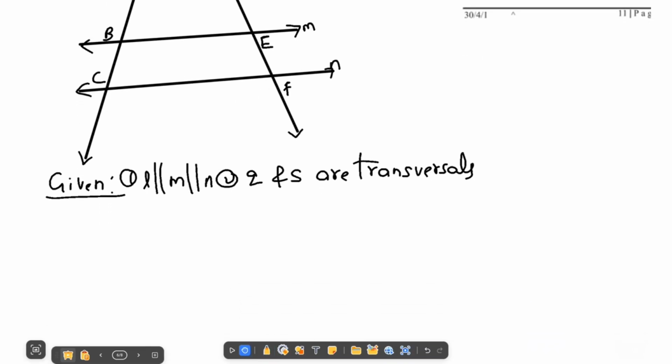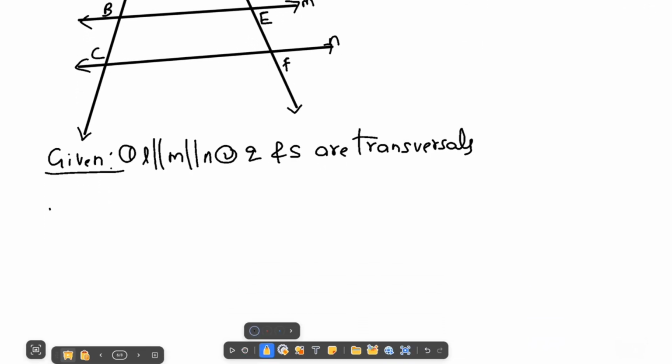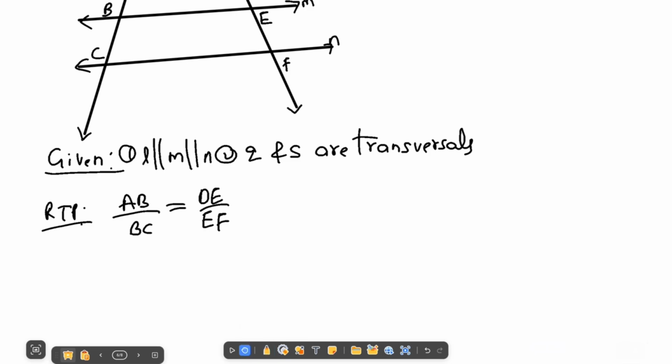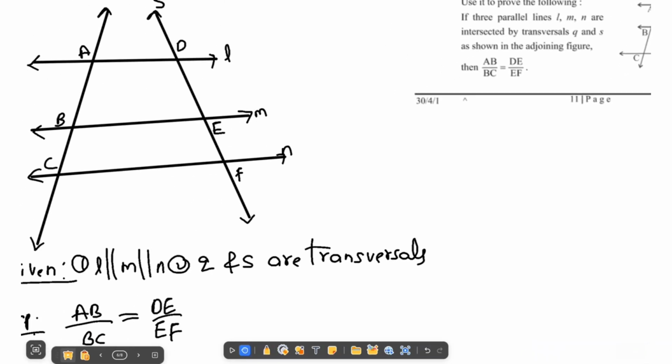So what we have to prove? It is required to prove that AB by BC is equals to DE by EF. So AB by BC is equals to DE by EF.